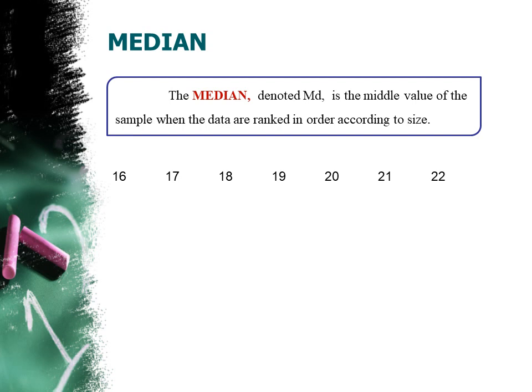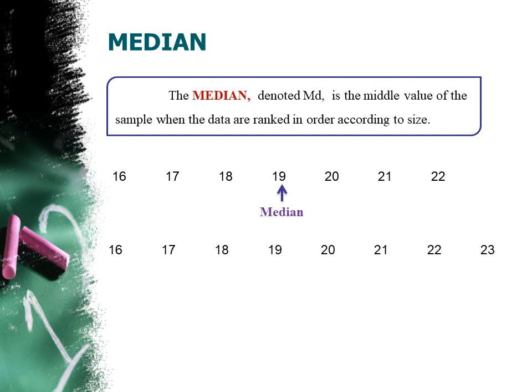So there are 1, 2, 3, 4, 5, 6, 7 numbers in the data set. So we can easily locate the centermost or the middlemost because the number of data is odd, 7 man siya. So the middlemost is the fourth one. So 19 is our median.